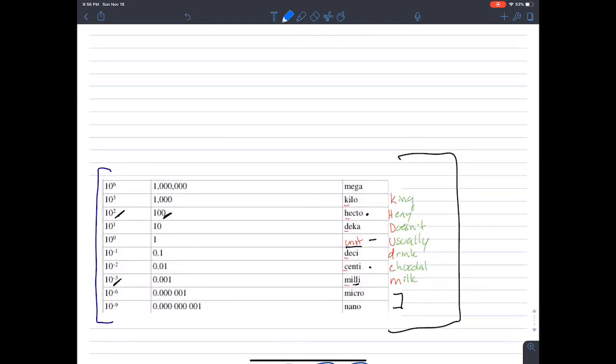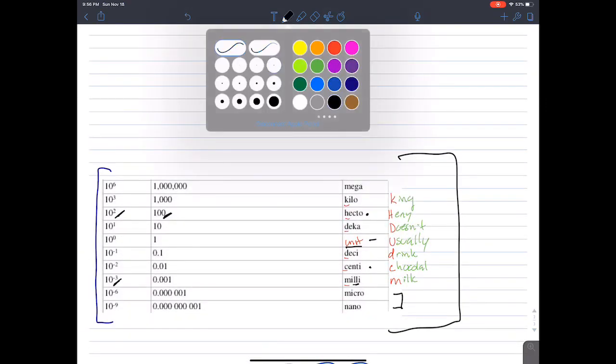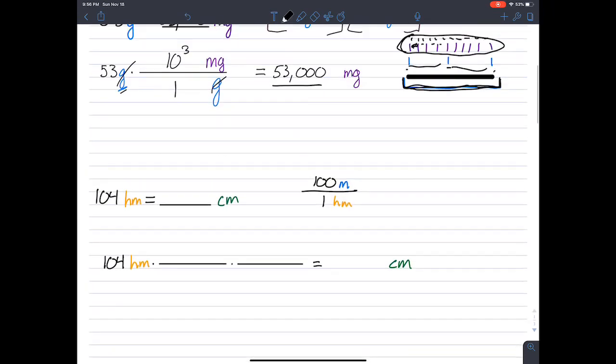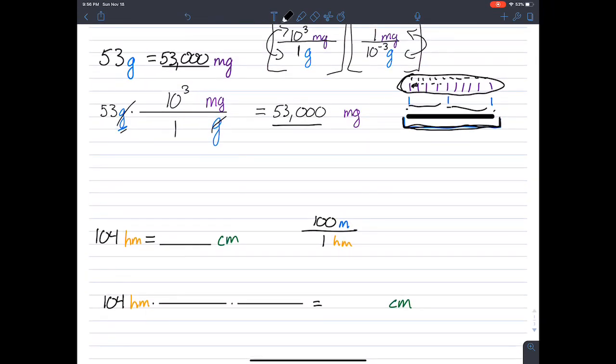I'm just trying to make sure you guys see that everything on this part of the graph is telling you how many meters there are in the unit you're using. So there's 10 to the negative 9th meters per 1 nanometer. That's how much of a meter it is. That's how you're measuring it. You're measuring all of these things in reference to the base unit. Meters, grams, whatever it may be. Okay, so we're going to use this for meters to hectometers.